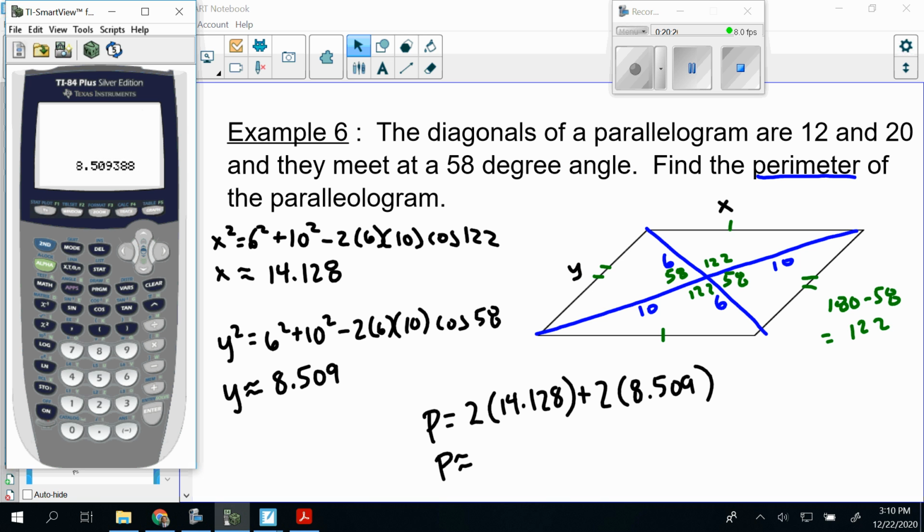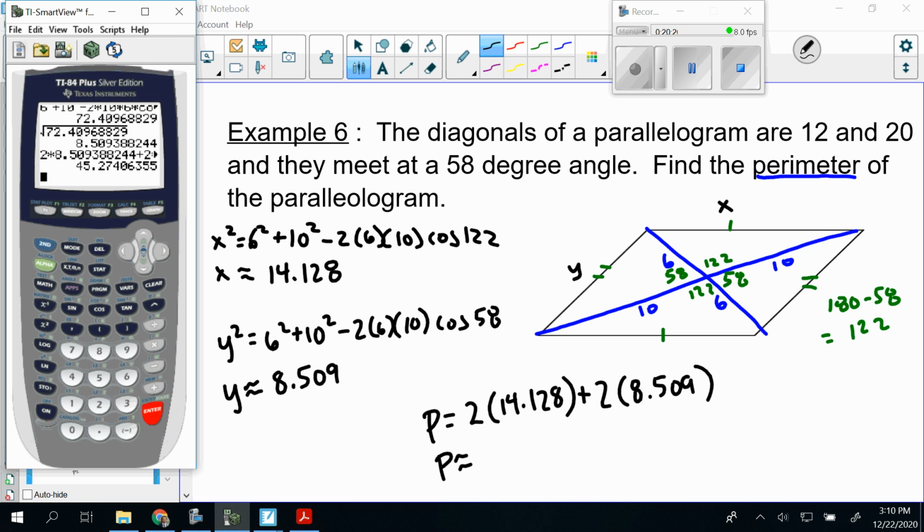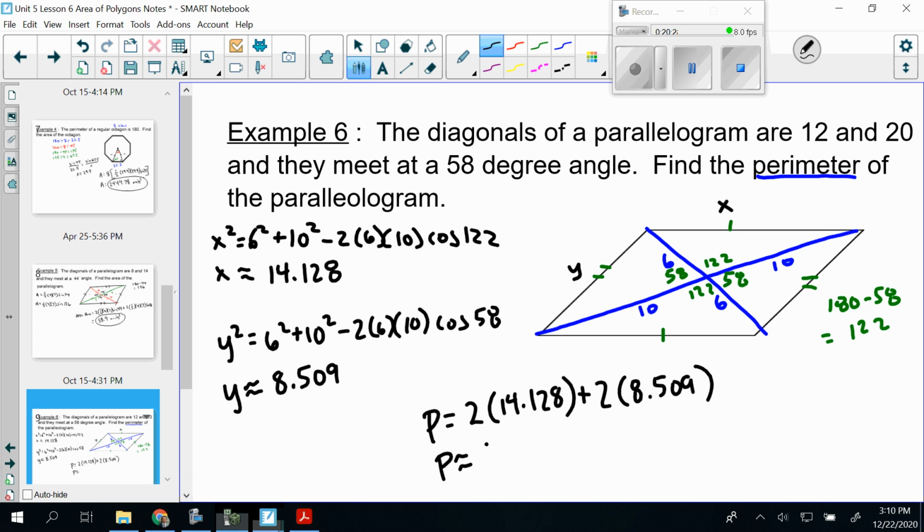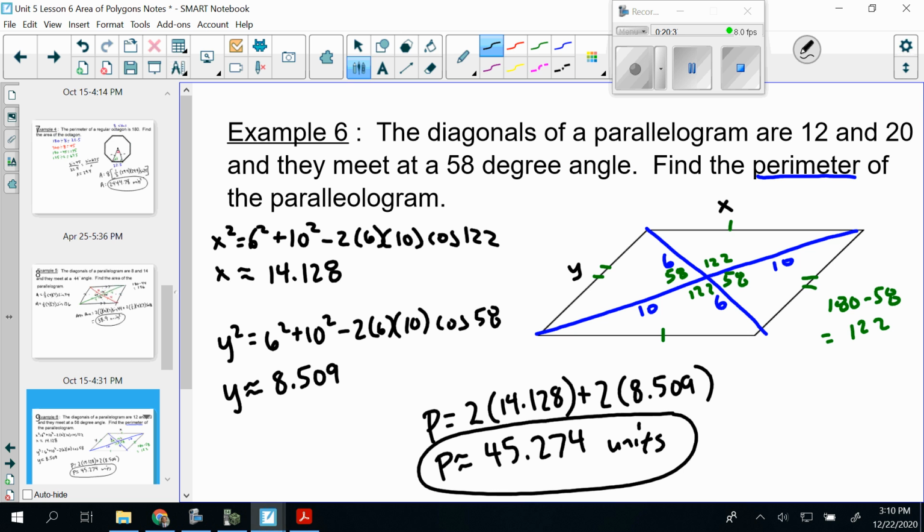There we go. And hit enter. And it looks like the total perimeter is about 45.274. This would just be in units, not units squared, because it's not an area, it's a measurement around the outside.